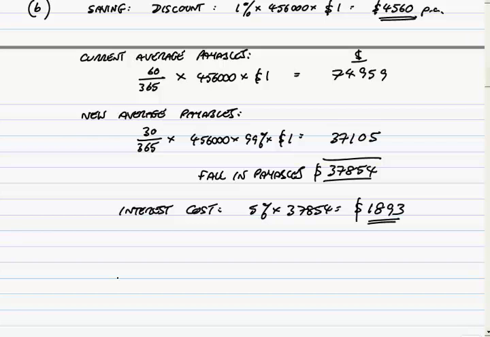And so the net value, well, here there is going to be a net saving. We save 4,560 on the discount, but we've got an extra cost of 1893 on the financing.